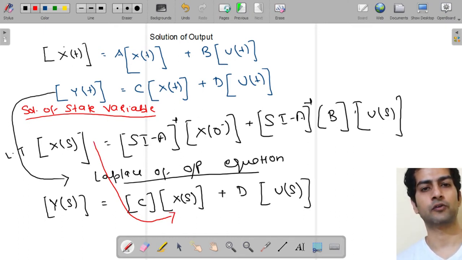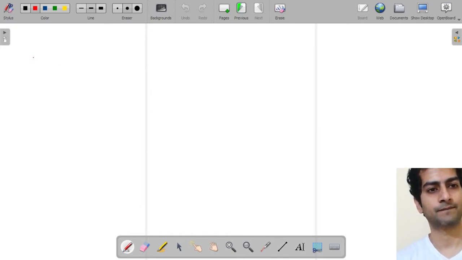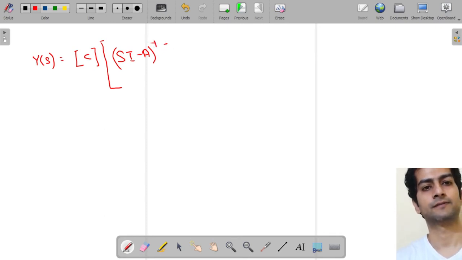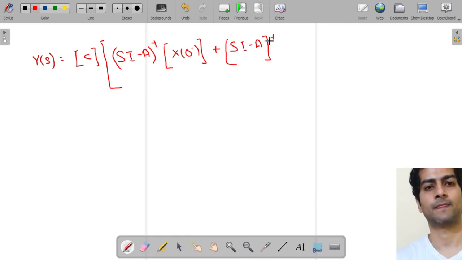So let's see what we will get: Y of s equals C times the whole term inside, (sI minus A) inverse X of 0 minus (sI minus A) inverse B U of s, plus D U of s.